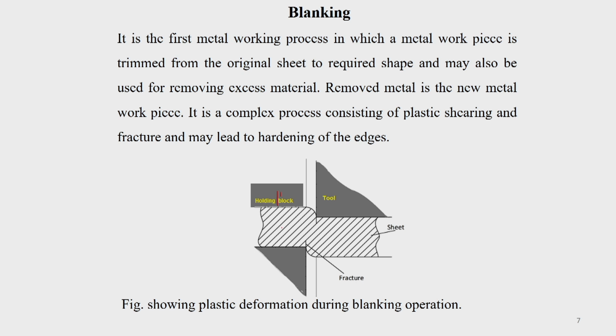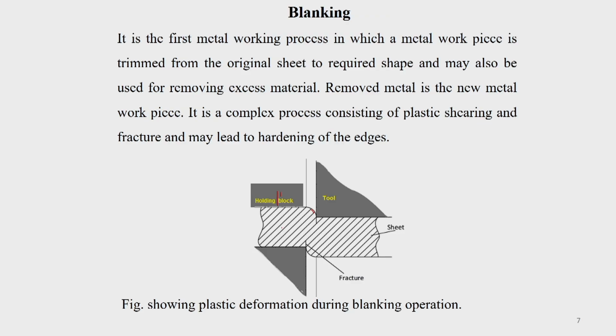When there is plastic shearing, it may lead to hardening of the edges. When the edge gets hardened and you try a subsequent operation, non-uniform properties will be there, and defects may start forming. That chance is also there. So, you have to optimize it so that it does not get hardened, which is basically decided by the clearance between these two tools.